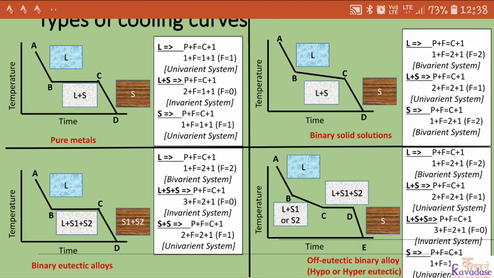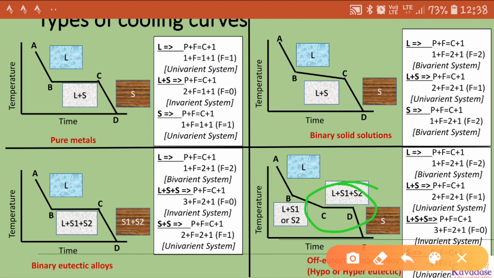In the third case, C to D, there are 3 phases and the number of components is 2, okay. L plus S1 plus S2 means there are 3 distinct phases. After substituting the values of P and C, you will get F equal to 0, means invariant system.